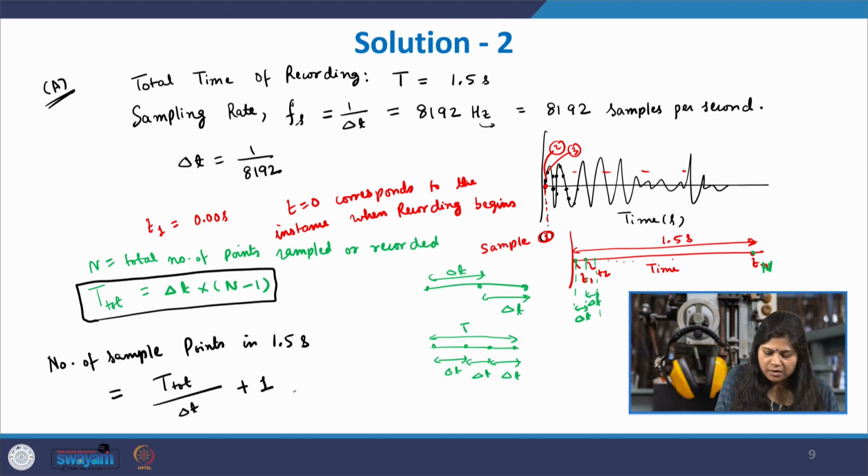So, 1.5 seconds divided by delta t, and delta t is 1 divided by fs. Another way to write this could be t total multiplied by fs plus 1.